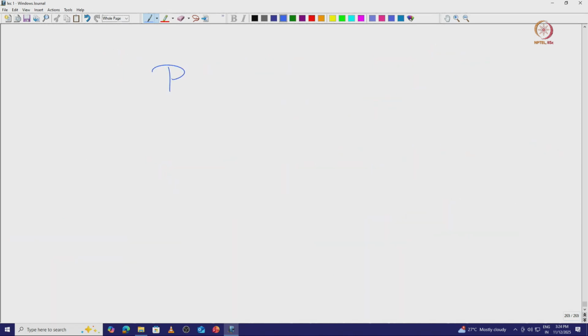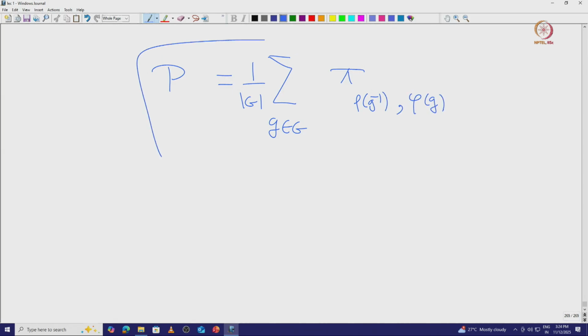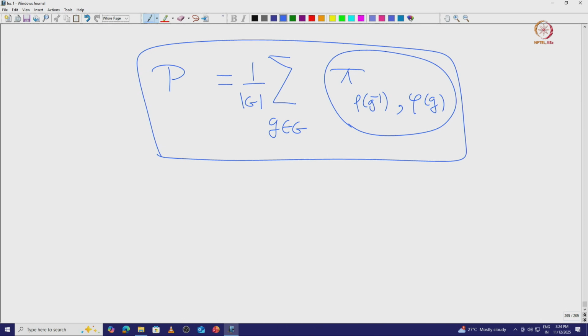So, P of T is T hashtag. So, P is nothing but the summation over g in G of π of ρ(g inverse), φ(g). So, this suggests that in order to understand P, recall that we wanted to take the trace of P. So, for that purpose we need to understand how to take the trace of these individual operators π_{A,B}.